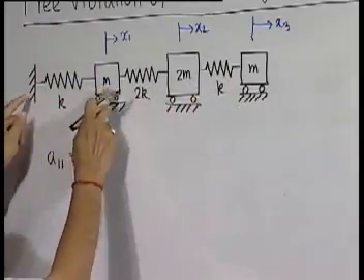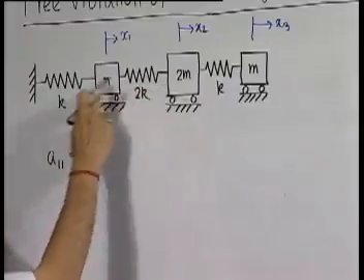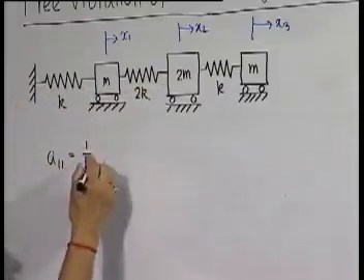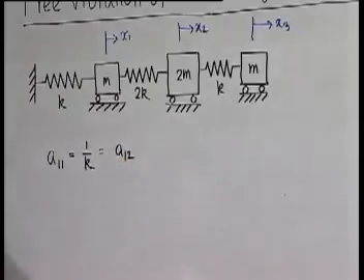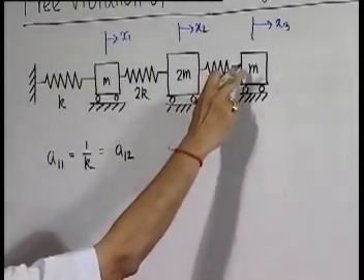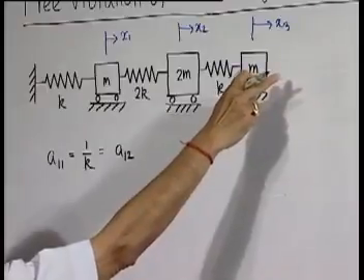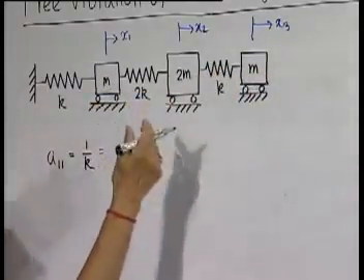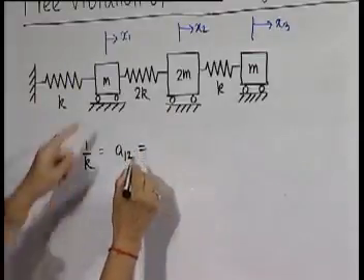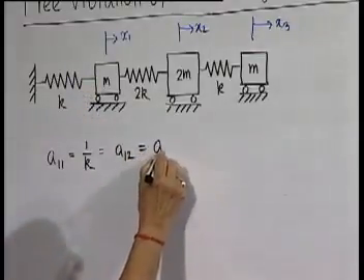Again it is nothing but the stretch of this due to the unit load, so this will be simply A12 also. Similarly, if you apply a unit load at the third station, again the stretch of this spring will be the same, and that is the deflection of station 1.